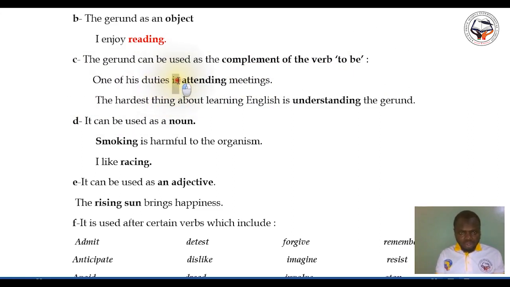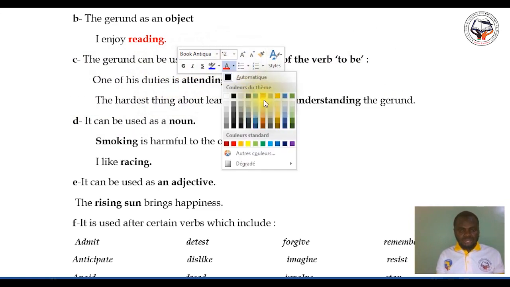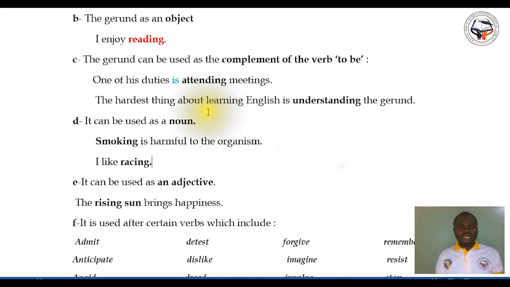I will put the verb to be into color so that you can see it. Is here is the auxiliary to be conjugated in the simple present, and attending here is the gerund, which represents the complement of the verb to be.